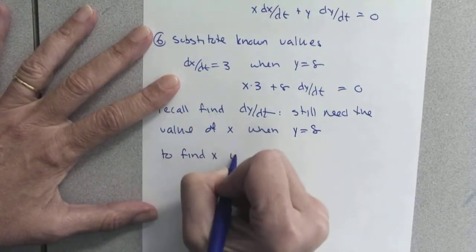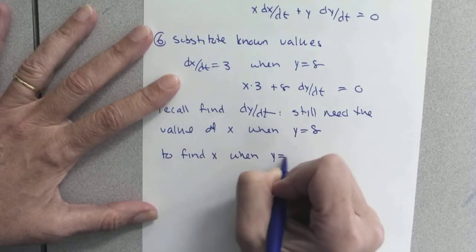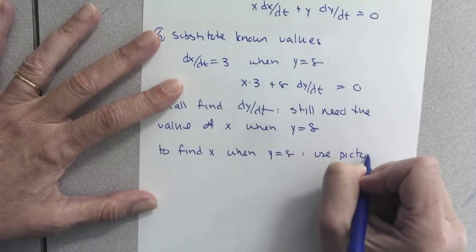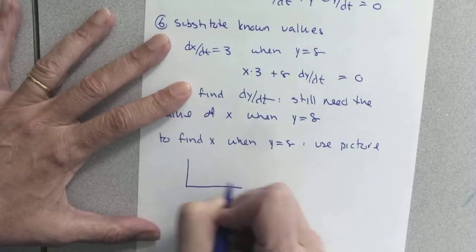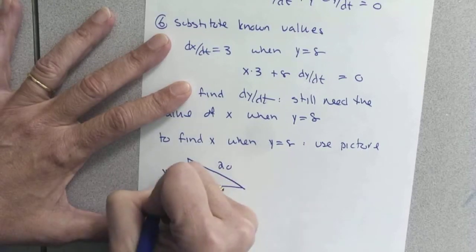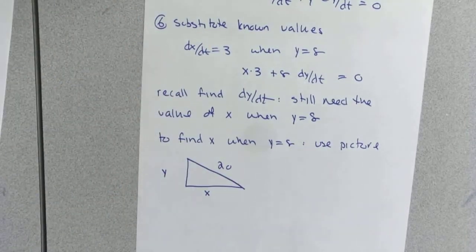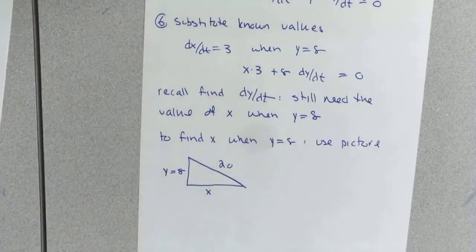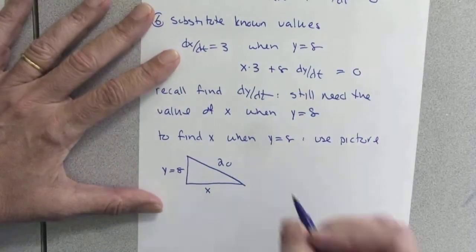So to find x when y equals 8, we're going to use the picture. So this was my picture. This was x, that was y. Well, we now know specifically that y is 8.